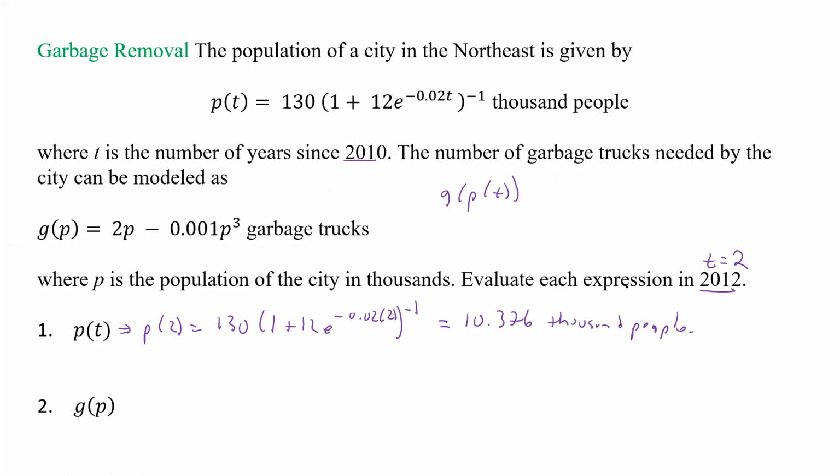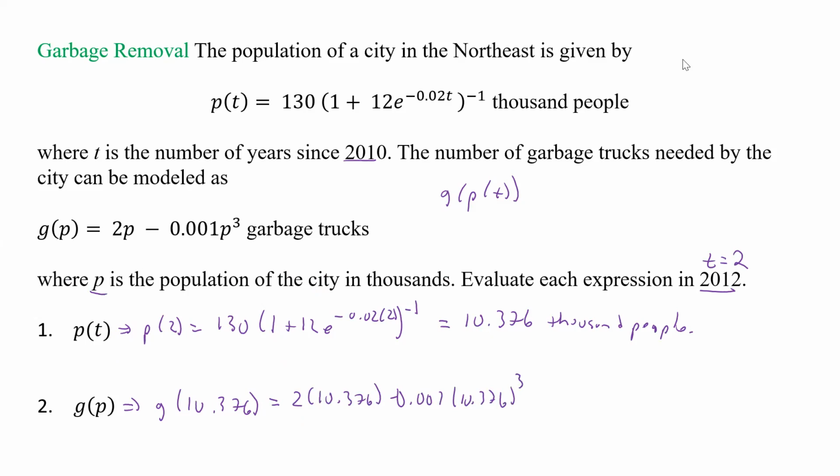Okay. Now, we need to do G of P. Well, here we're going to plug in P for that. P we needed at t equals 2, and that was that. And so we're actually going to plug in 10.376 here because P is the population in the city in thousands that we have to plug into this equation. So we're just going to take G of 10.376. And so now we take 2 times 10.376 minus 0.001 times 10.376 cubed.